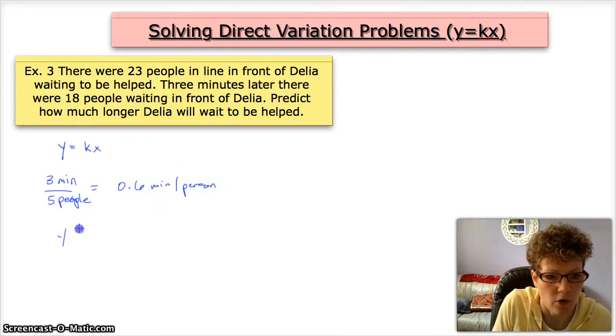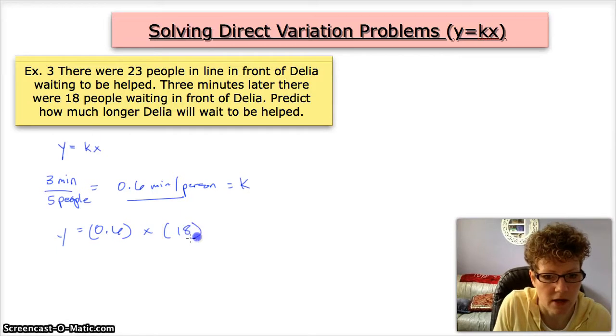Okay, so then we know y is going to equal 0.6 because that's our k, the constant. So it's 0.6 times whatever x is, and this time x is going to be 18. So 0.6 times 18 is 10.8 minutes.